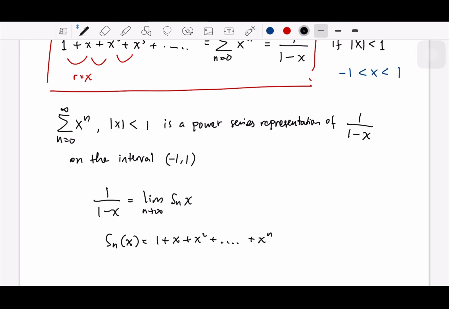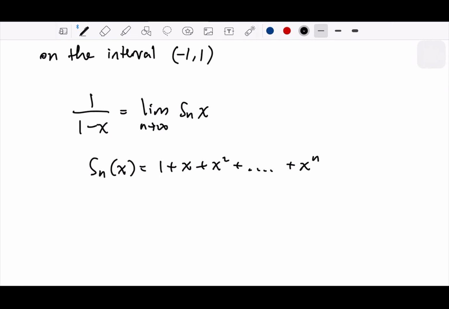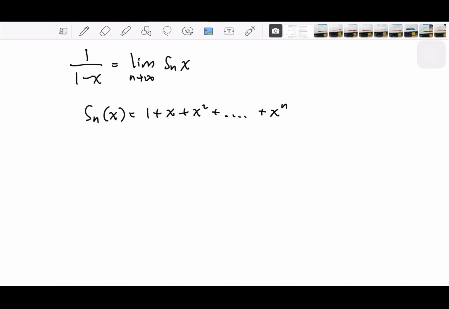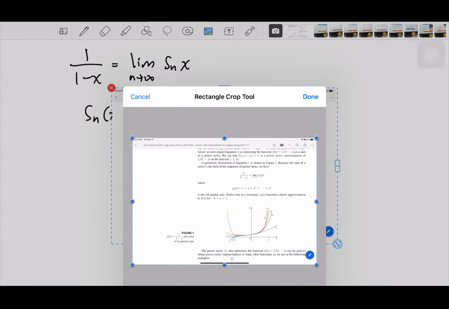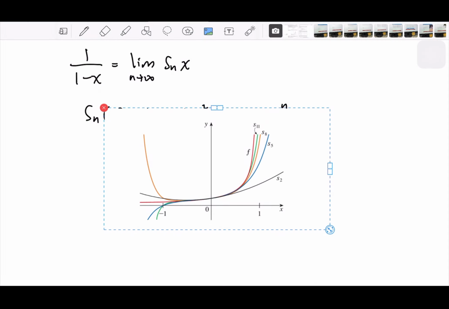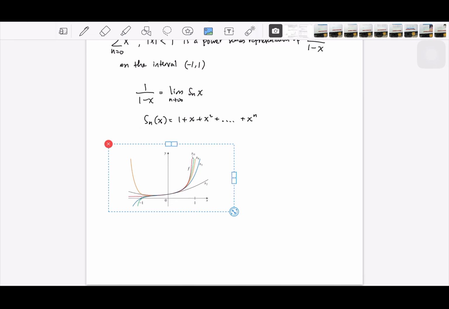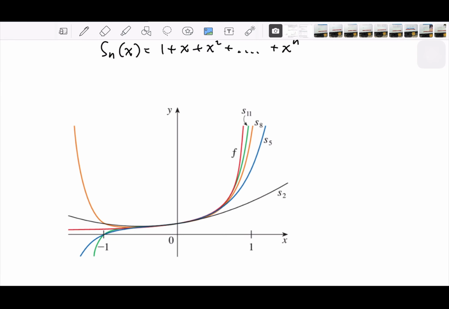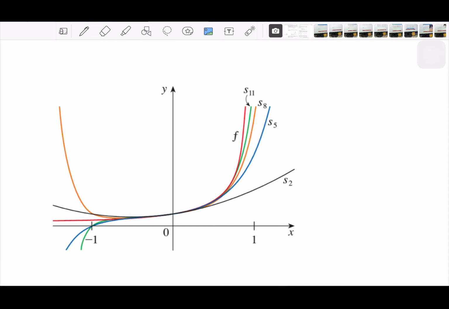So then we have the partial sums, and if we put it into a graph, this is a graph of 1 over 1 minus x, and the s means the partial sum.